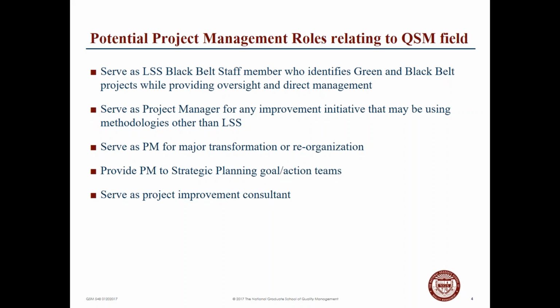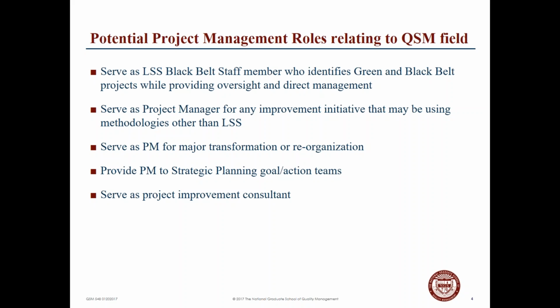So, what are some of the potential project management roles relating to quality systems management? You could serve as a Lean Six Sigma black belt in a way that identifies green and black belt projects while providing oversight and direct management to those particular projects.